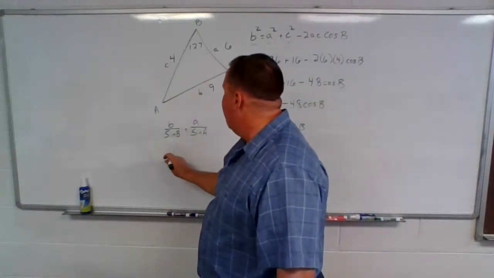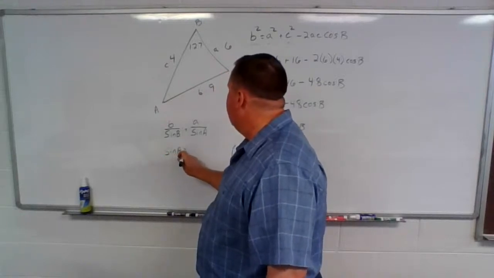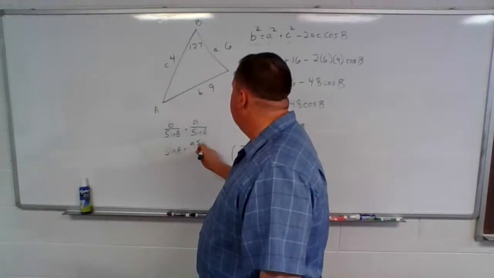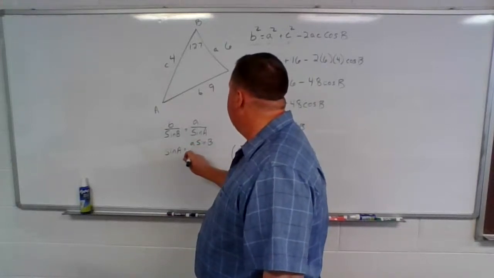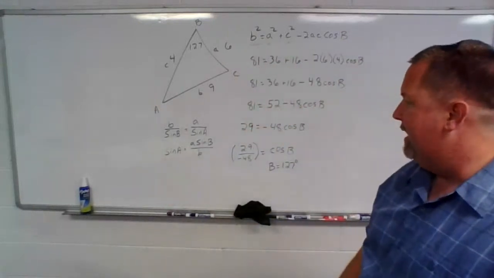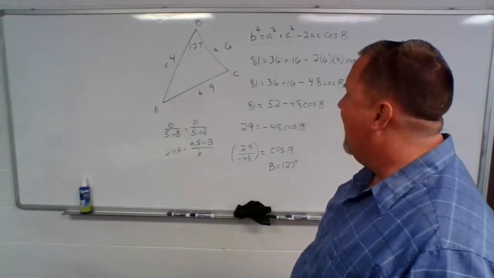It would say sine A equals A sine B over side B. Sine A equals A sine B over side B.